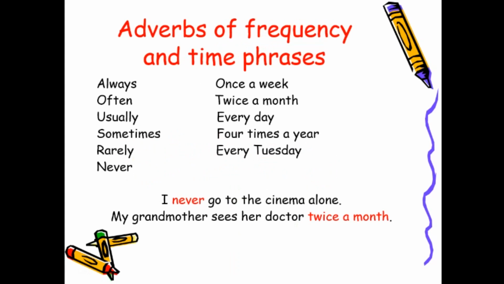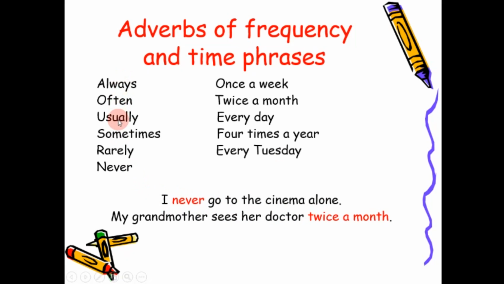Now we will move to the keywords of the present simple. We have adverbs of frequency and time phrases. Adverbs of frequency like always, often, usually, sometimes, rarely, never. Time phrases like once a week, twice a month, every day, 4 times a year, every Tuesday. For example, I never go to the cinema alone.